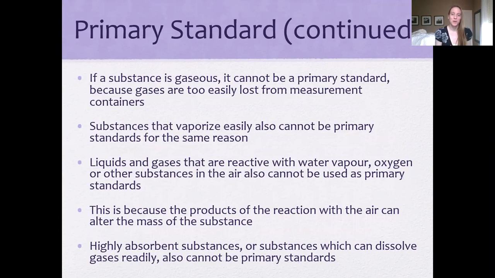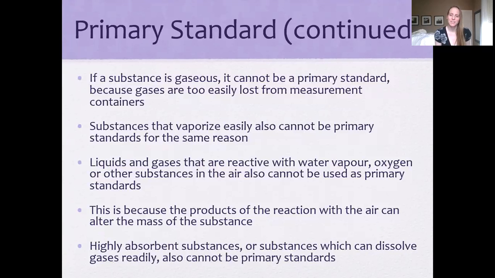Your primary standard can also not be a gas because it's too difficult to measure gases and not lose some of them. Your primary standard cannot be anything that vaporizes easily, which just means that it turns into a gas easily.